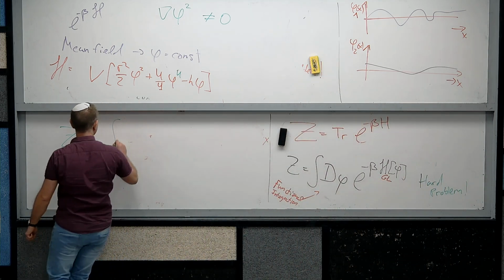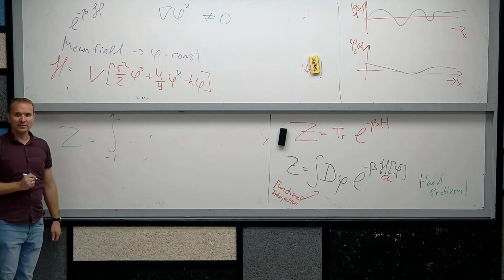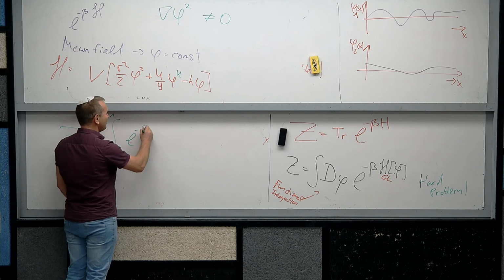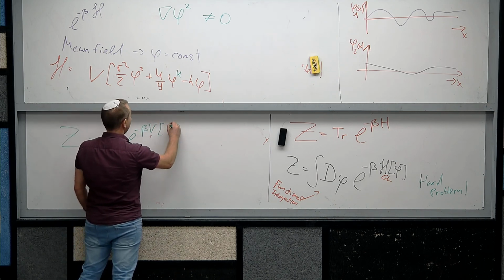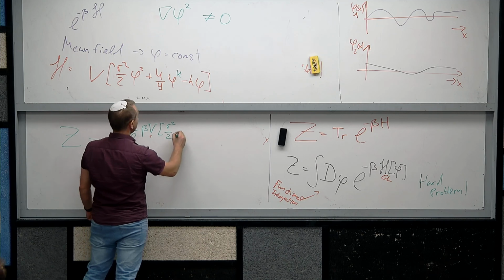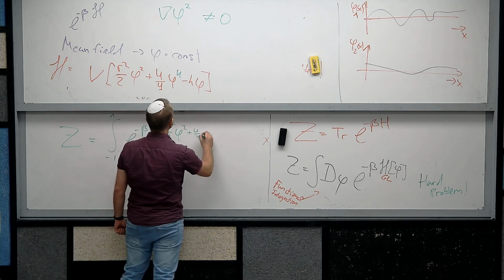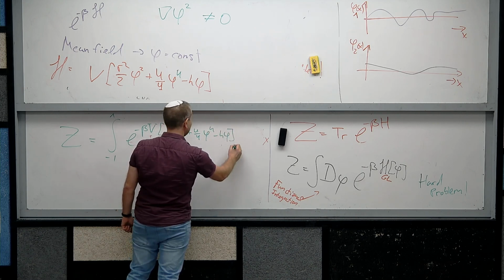Wait, no, it's minus 1 to 1. Minus 1 to 1. Okay. Which is much easier. e to the power minus beta v r squared divided by 2 phi squared plus u divided by 4 phi to the 4 minus h of phi, times v.